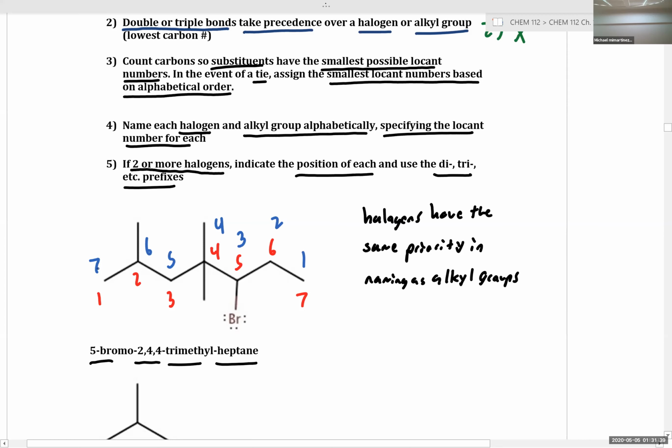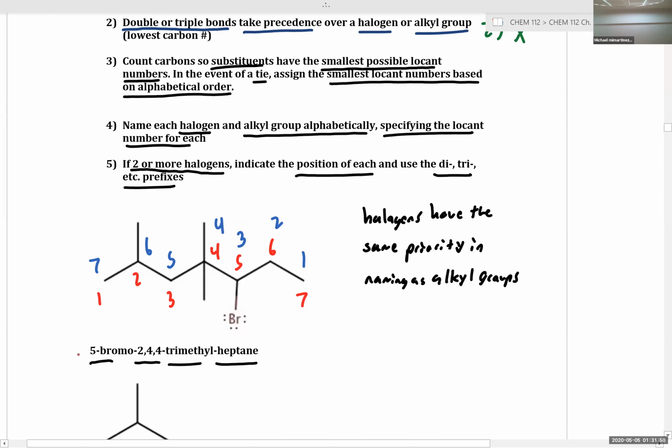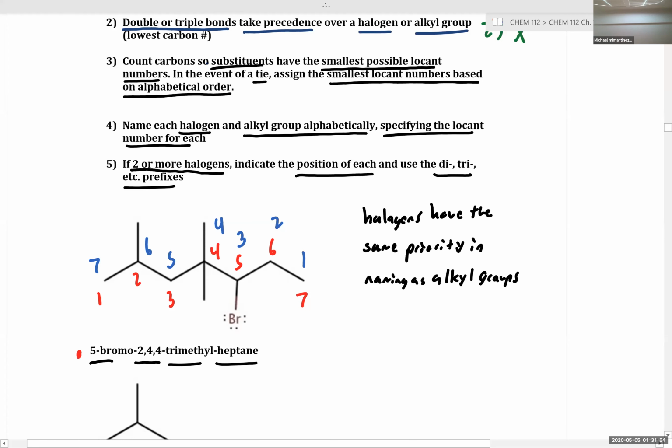Okay, that's all fine and well. My question to all of you is, let's now look at our proposed names. So first, we have our name in red, and I'm going to name the structure in blue.